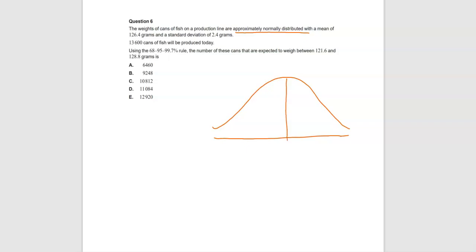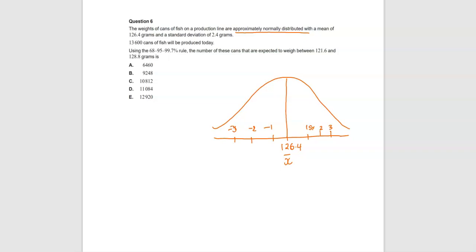They said the mean was 126.4, and a standard deviation of 2.4. So you can go up 1 standard deviation, 2 or 3, or you can go down 1, 2, or 3.